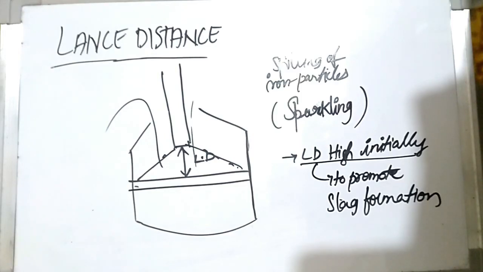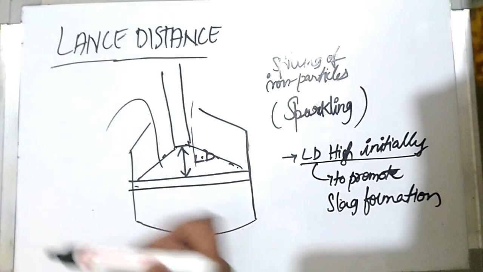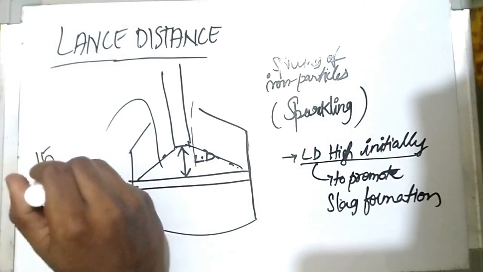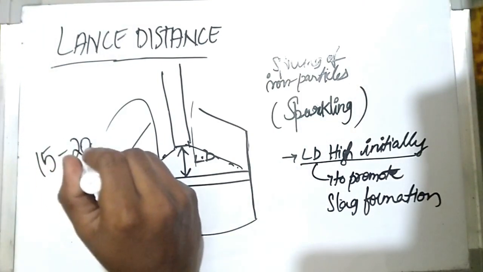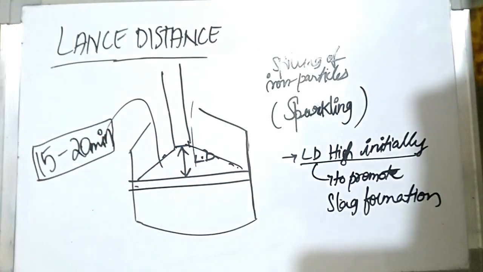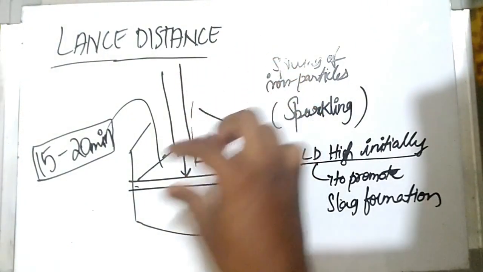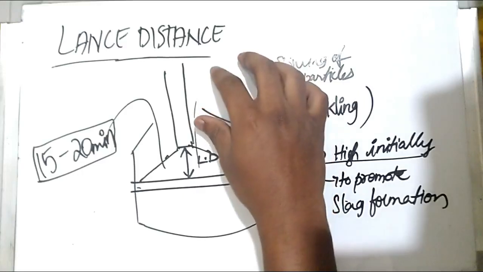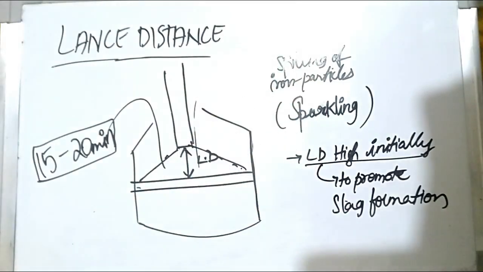Okay, so oxygen is blown generally for about 15 to 20 minutes, by progressively decreasing the lance distance. That means this lance is slowly lowered into the converter.